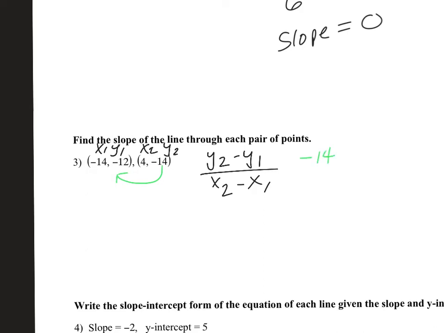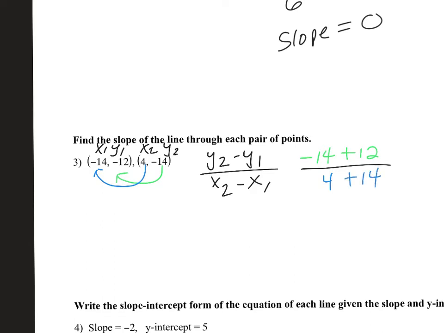Minus a negative means that's going to be negative 14 plus 12. And then my x2 minus x1 will be 4 minus negative 14, which will be 4 plus 14.